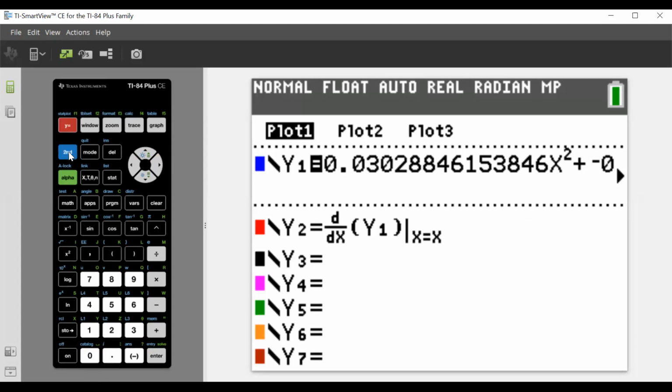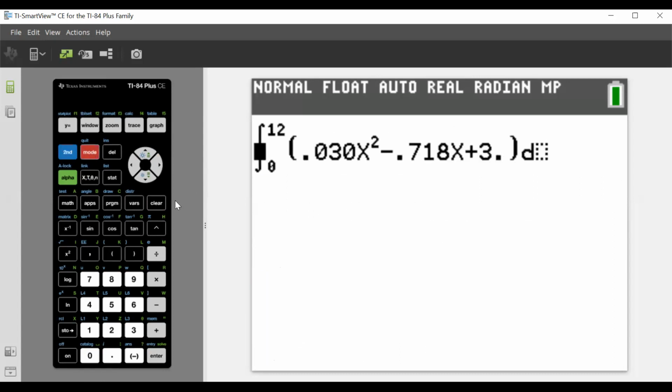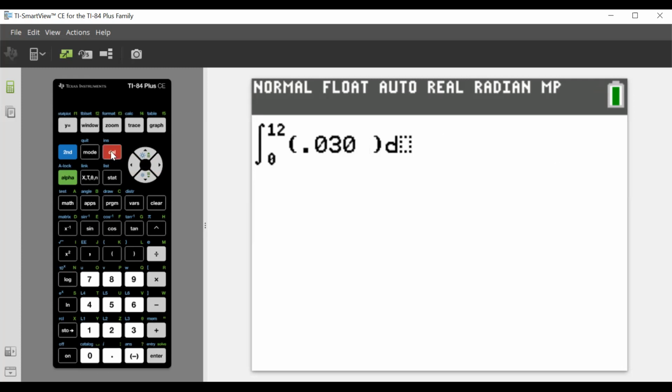So let's quit that. Let's go back in here. I just thought of this since we actually have it. So let's go back over here. All right, now let's put our 12 back.